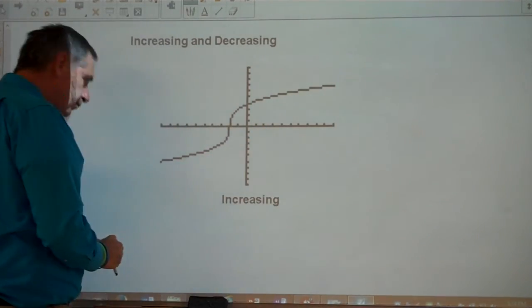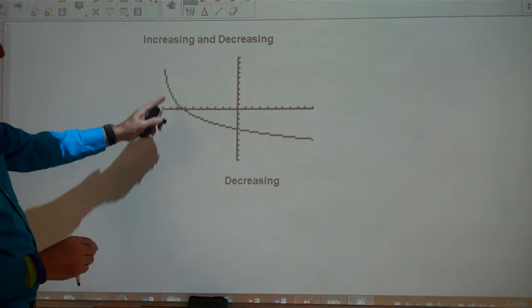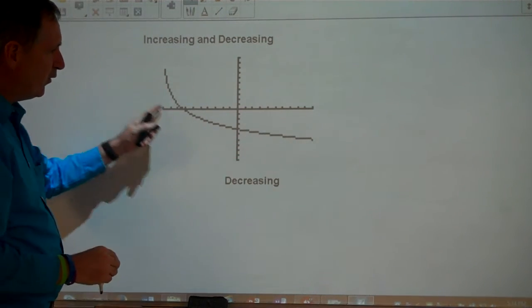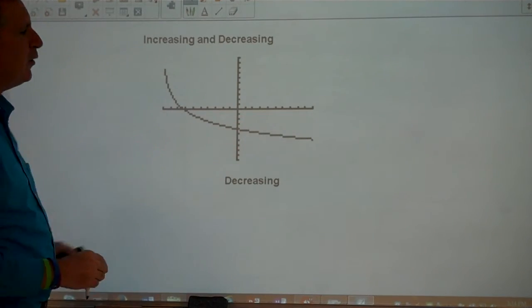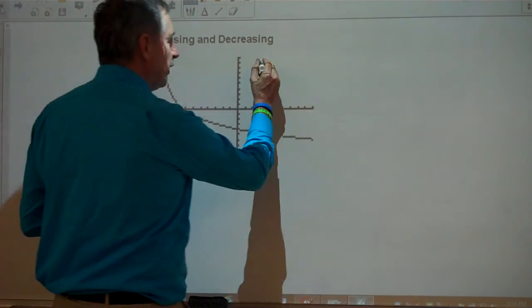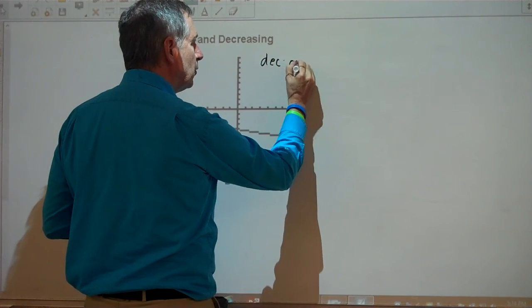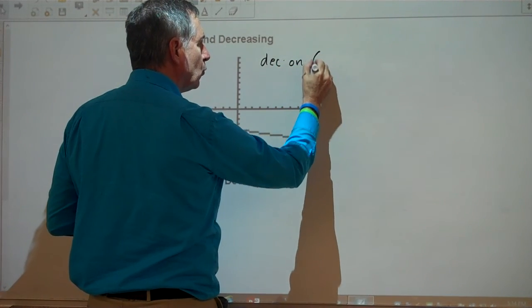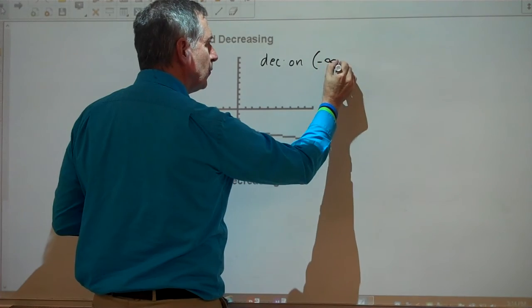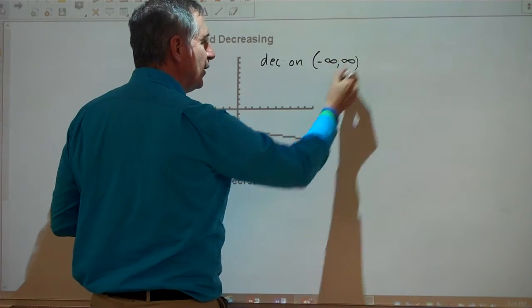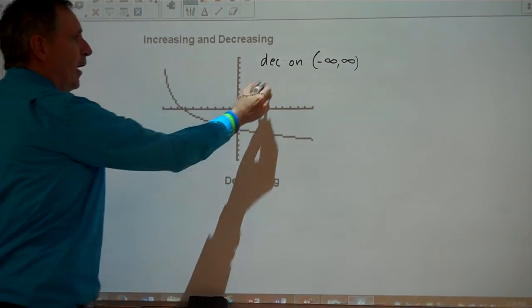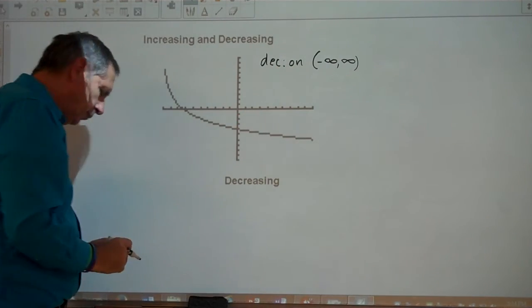Next example, we have this function here, which is one that's decreasing. So we say decreasing on negative infinity, greater than negative infinity, less than infinity. So that's this particular example.